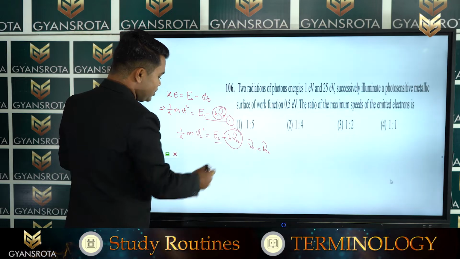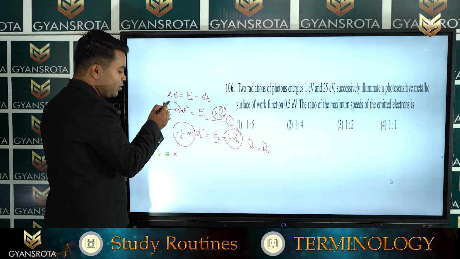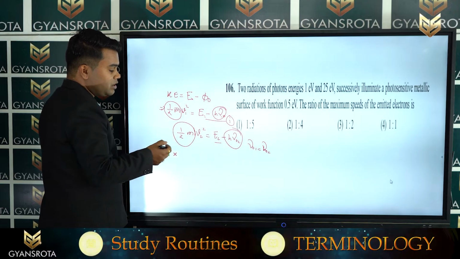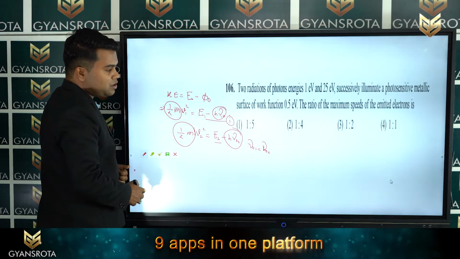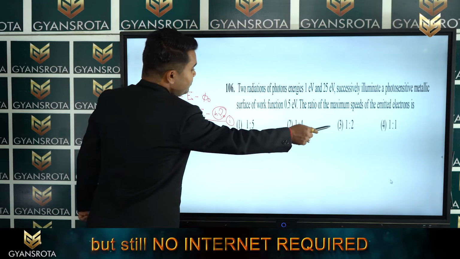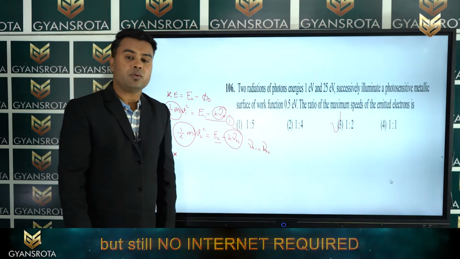E1 and E2 are given to you. If you take the ratio, this portion will get cancelled out, right? So you just need to find V1 by V2. If you calculate V1 by V2, your final answer comes out to be 1:2. This is the right answer for question 106.